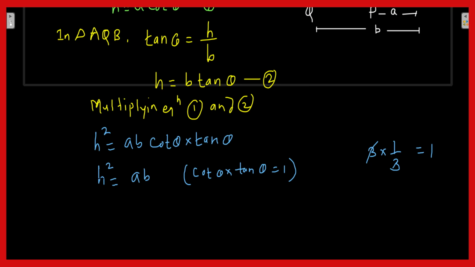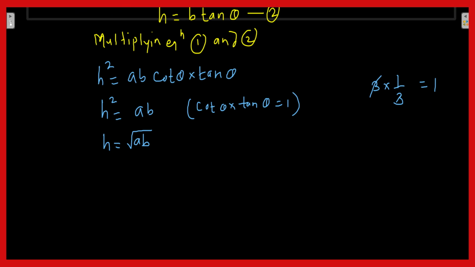Now we have to find the value of h. So taking square root of both the sides, h is equal to square root of ab, and therefore the height of the tower is equal to square root of AB units.